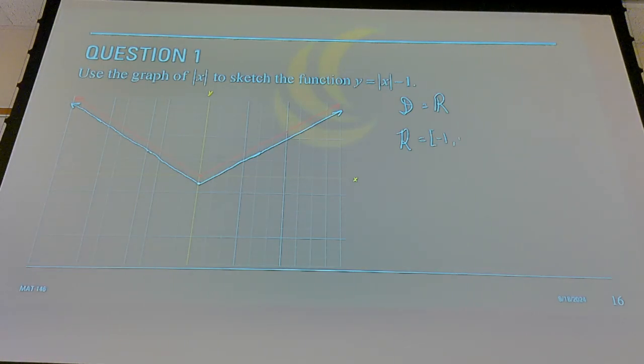And so again, compare that to the domain and range of the original. What about here? What's the domain? What do you mean by the same? What about the range?